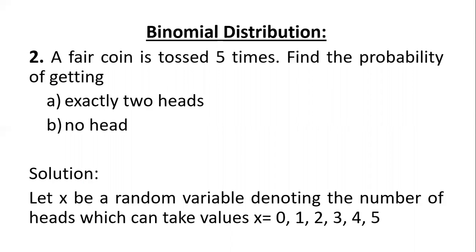Problem 2 is: a pair of coins is tossed 5 times. Find the probability of getting question A, exactly 2 heads. Question B, no heads.